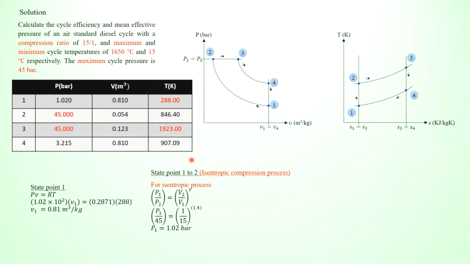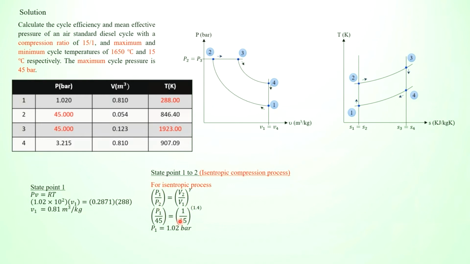So let's say it refers to state points 1 to 2 here, which is the isentropic compression process. As you can see, the volume decreases from V1 or V4 to V2, and it is an isentropic process, so that is why we call it isentropic compression.